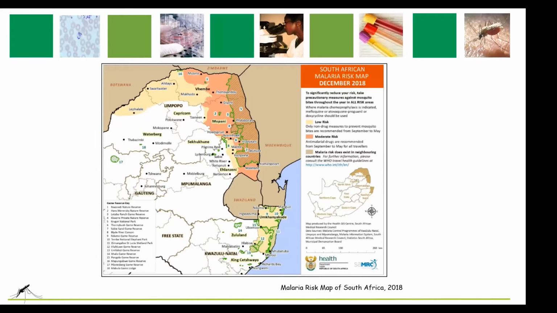The next slide is just for those who don't know where South Africa is and the malaria distribution in South Africa: malaria is not endemic to the entire country. Next slide, please.